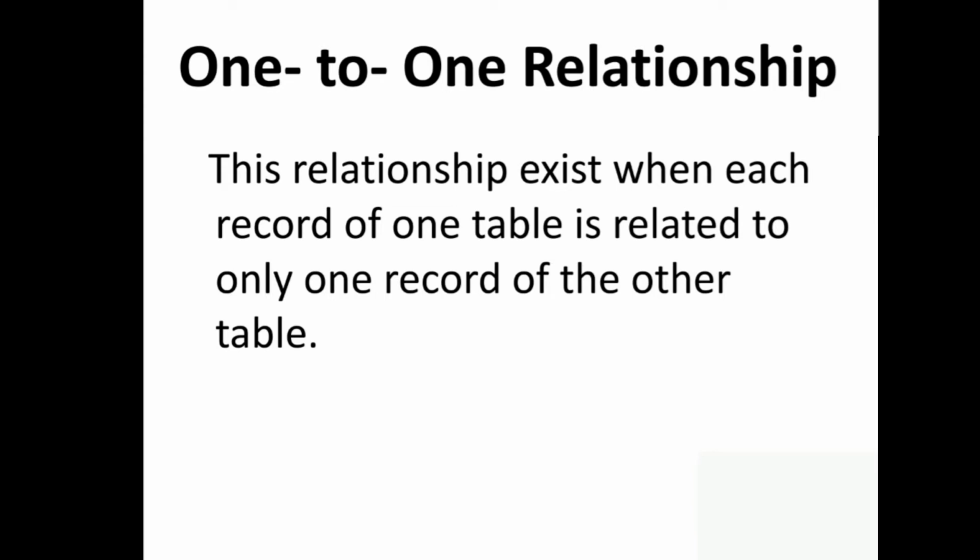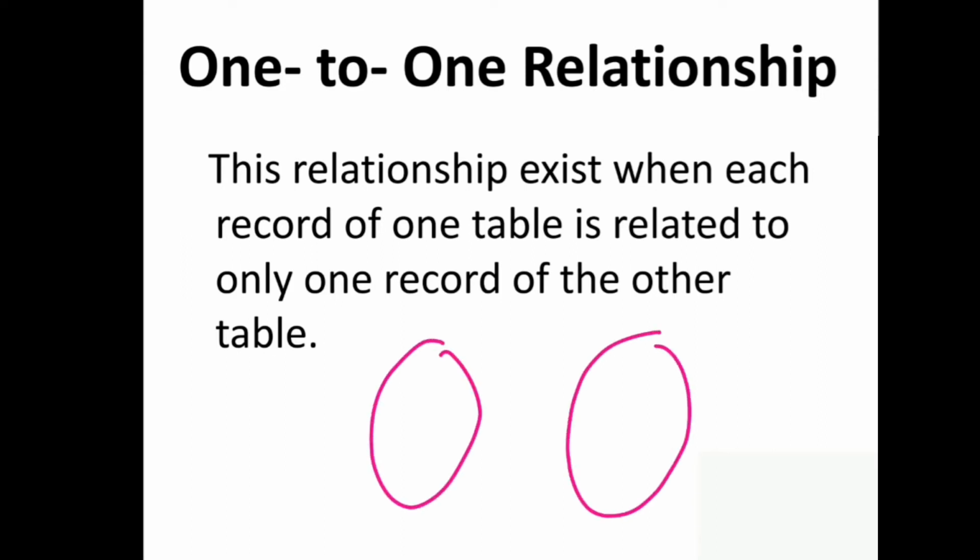Such a relationship exists when each record of one table is related to each record of another table. That is, we can say it's a relationship between an instance of an entity with an instance of another entity, right?